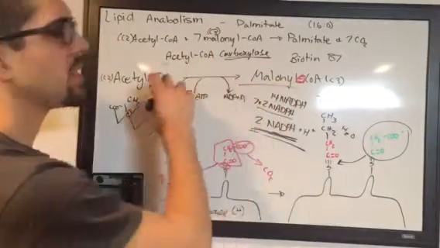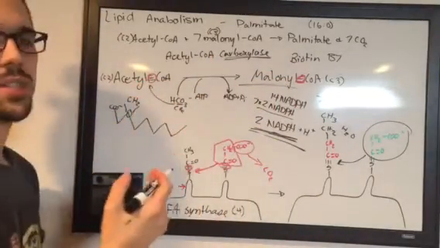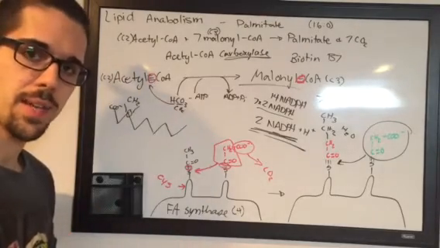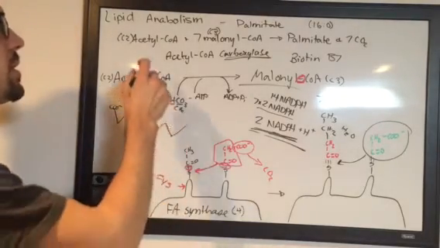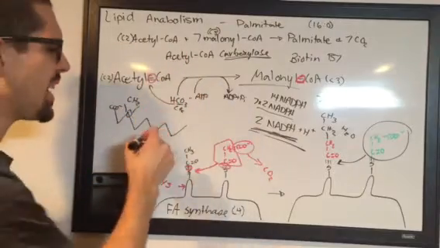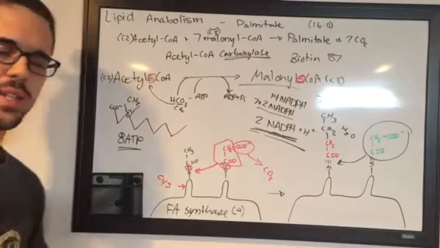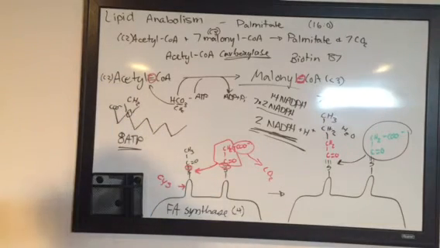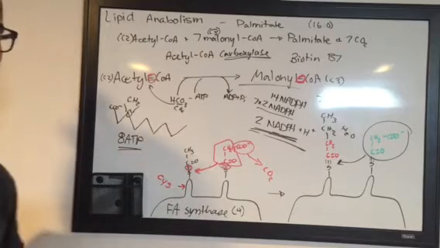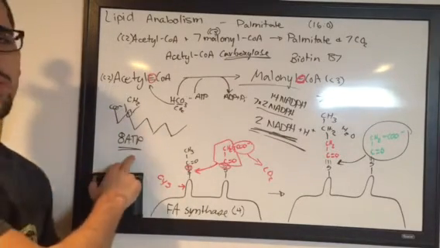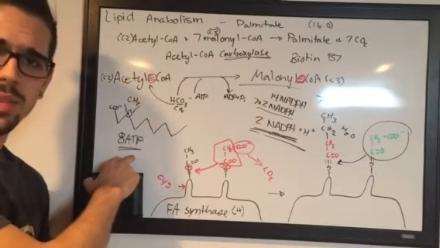So in the case where we have an excess amount of energy from carbohydrates and we're getting our NADPH from the pentose phosphate pathway, we are going to use only 8 ATP to transport those acetyl-CoAs. In the case that we need NADPH from malic enzyme instead of the pentose phosphate pathway, we're going to be using a substantial amount more ATP.